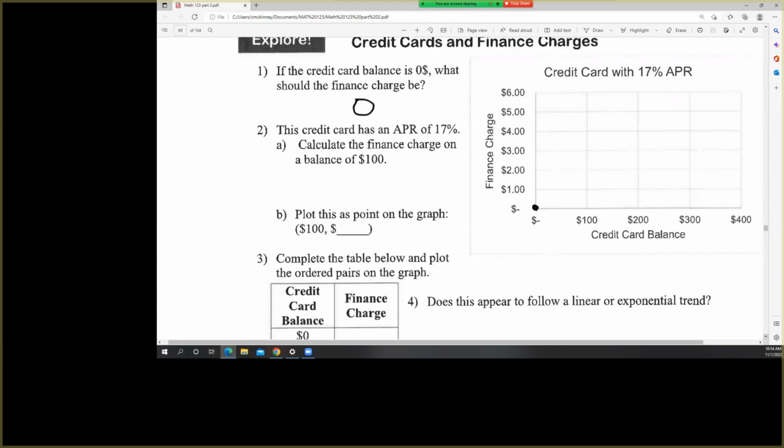So if it is $100, and when we say the finance charge, we're talking for one month, we're going to take that $100 times 0.17, divided by 12. That's $1.42.